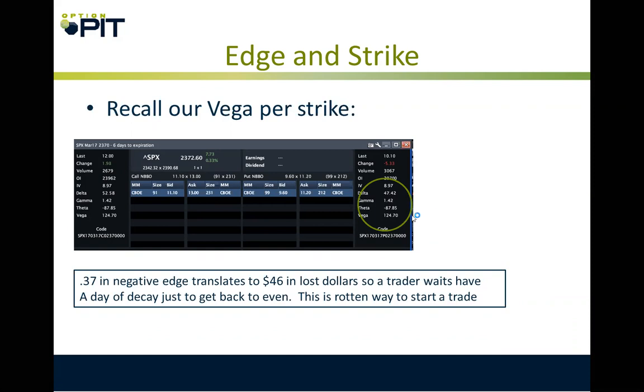So if you're expecting $87.85 on total theta for the day, you basically put on a trade, and half the day you're not collecting any decay. So you put on a trade where you've got to spend half the day before you even can start making any money. Now, doesn't that sound kind of weird?